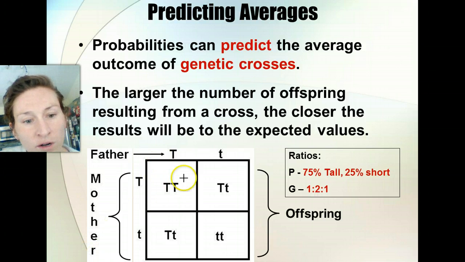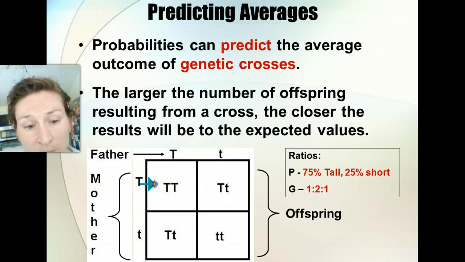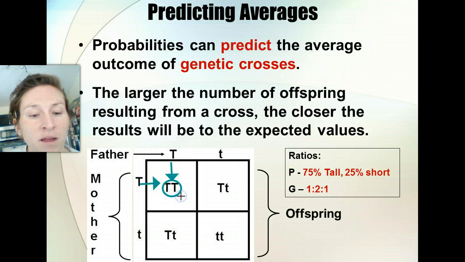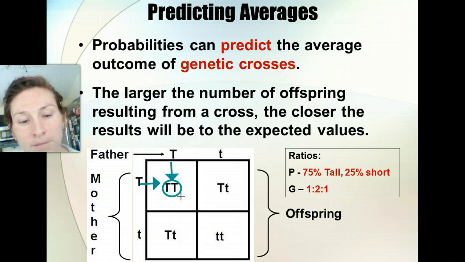The way this works, for each box, in this example, you've got the big T from mom and a big T from dad that correspond in this square. So you end up with a homozygous dominant offspring, if this would be the egg that was passed on.